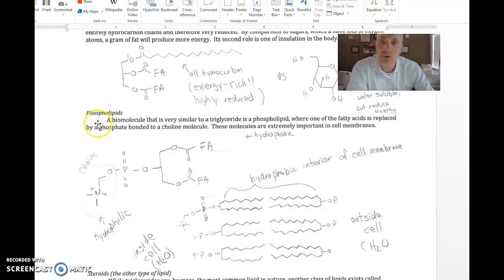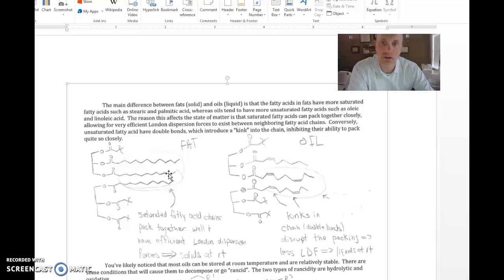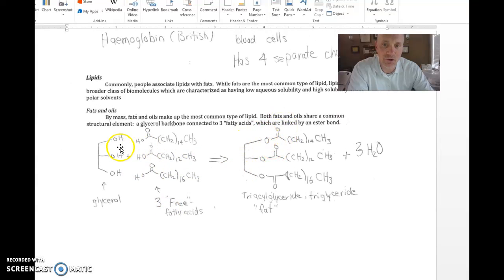Okay, so we're moving on to another type of lipid called a phospholipid. In general, you would not consider a phospholipid to be fat, even though it's chemically similar to a fat. Whenever you have a true fat, you have a glycerol molecule which has been esterified to three separate fatty acids.